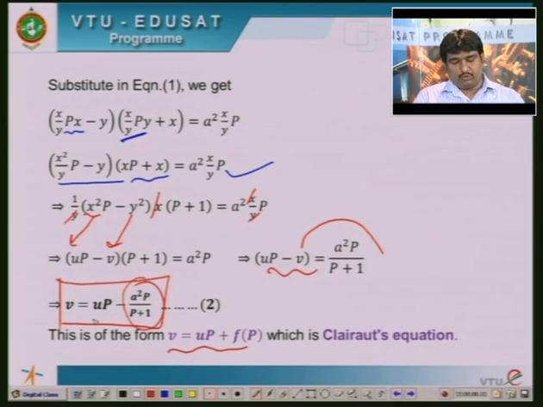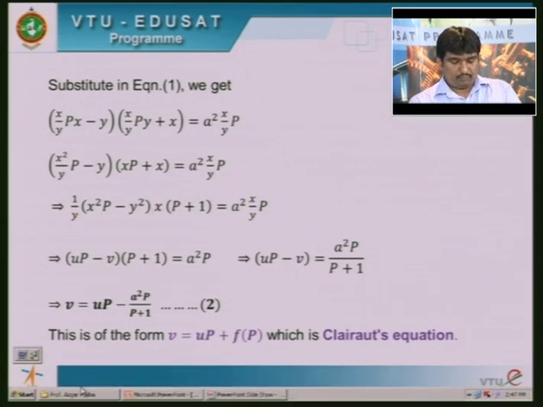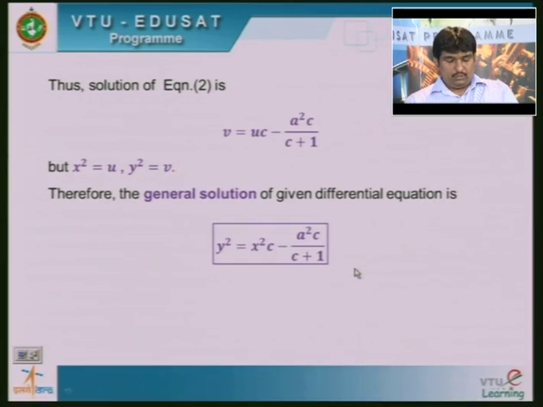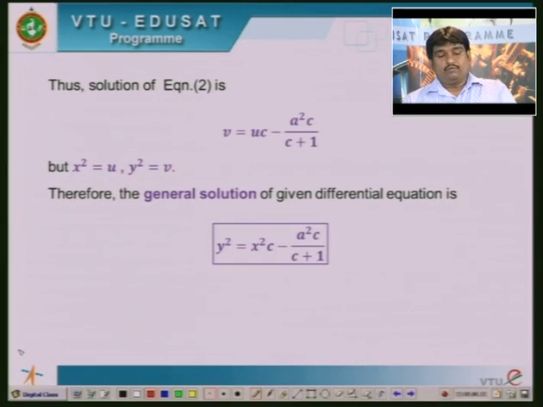So it is v equals uP plus f of P, which is Clairaut's equation. Its solution is obtained by replacing P by c, that is v equals uc plus f of c. This f of c is a square c divided by c plus 1.